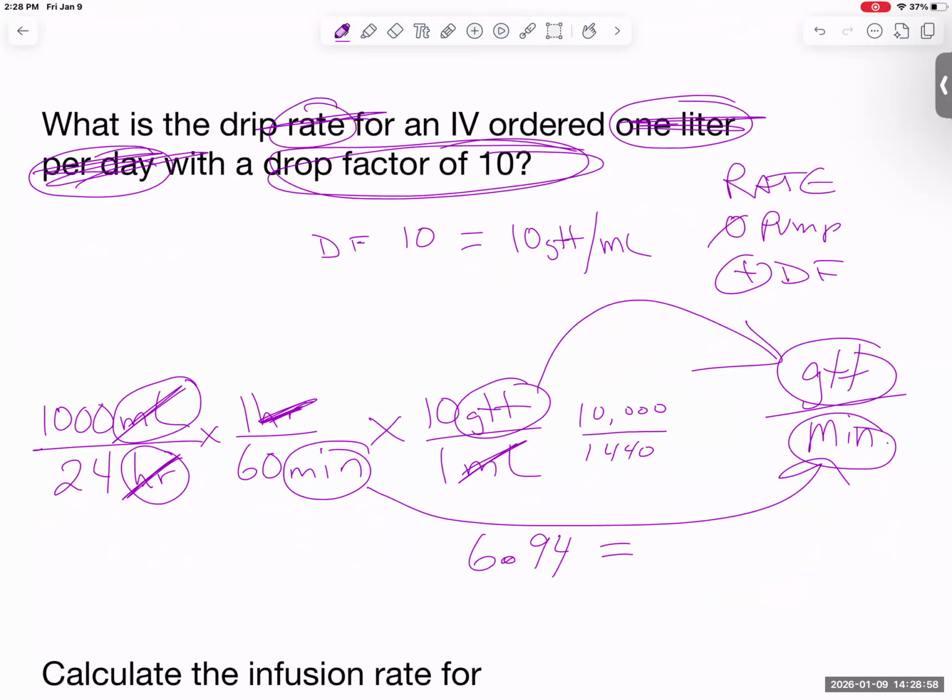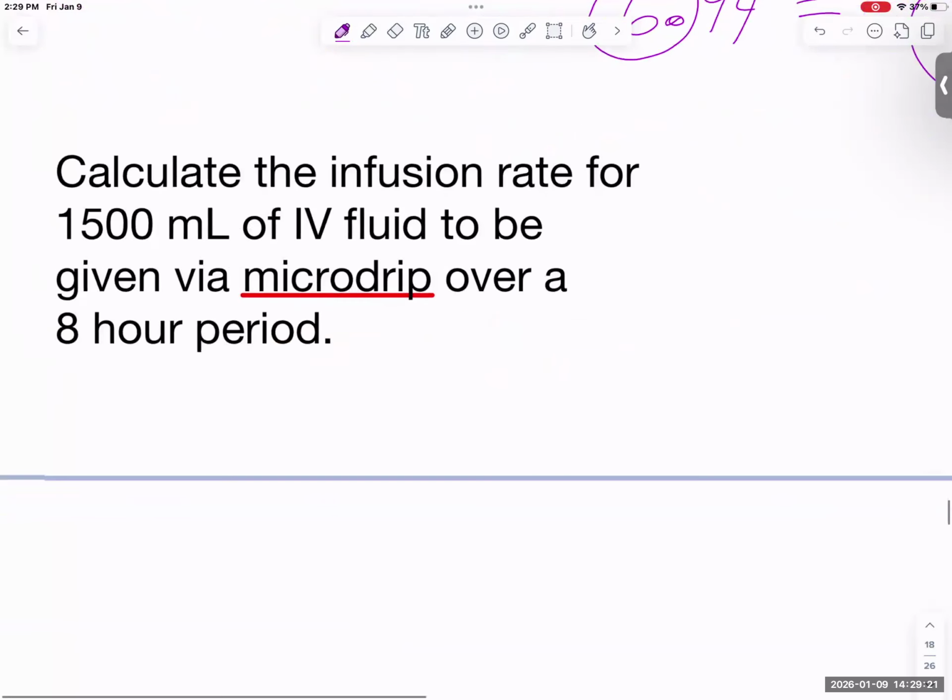Not unless I'm a ninja, because it's what literally drips in a chamber. I have no control of it. There's no computer. It's just gravity. So when we are talking about drops per minute, it's always a whole number. So what's the final answer? 7 drops per minute. There it is. Boom. All right.